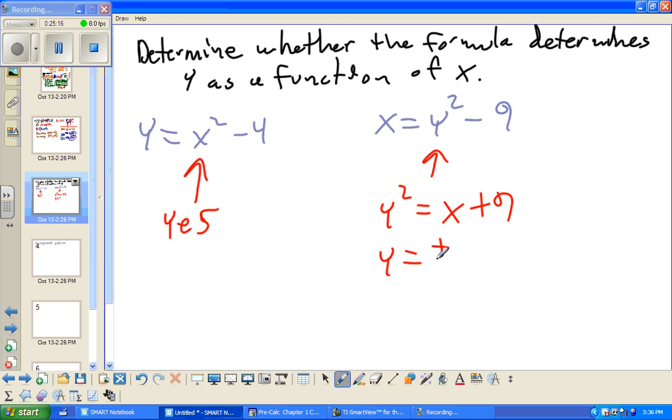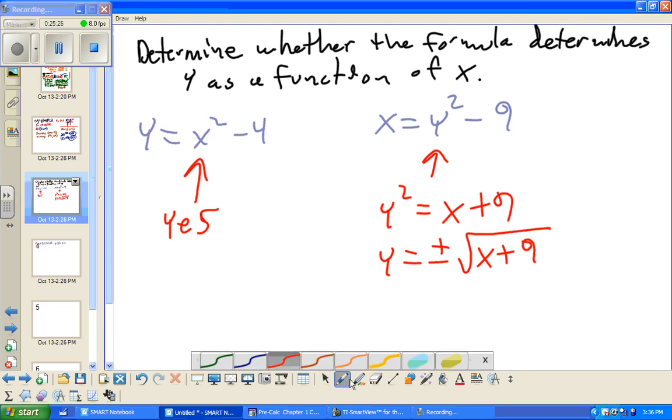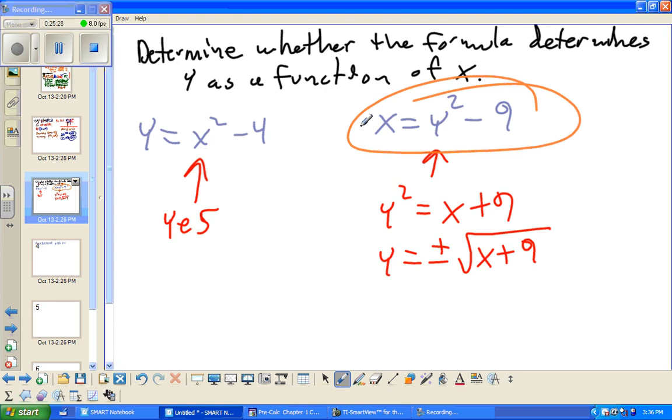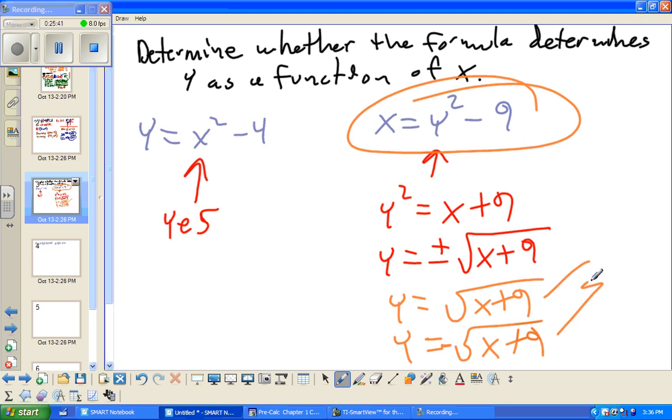Remember that when you square root, you need a plus or minus here, and because of that plus or minus, that basically says in order to graph this equation, you would need to graph y equals the square root of x plus 9 and y equals the opposite of the square root of x plus 9, which would mean you need two functions to graph to make this formula work, and that's basically telling you it's not going to be a function.